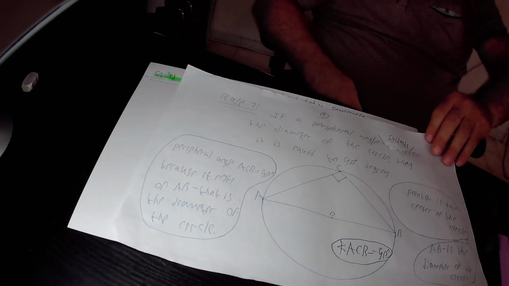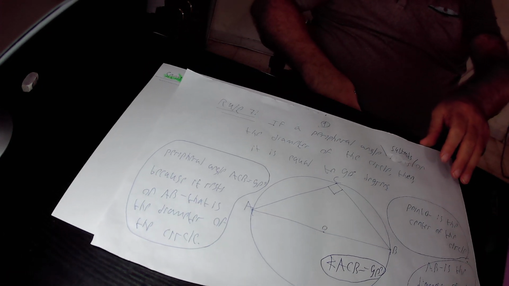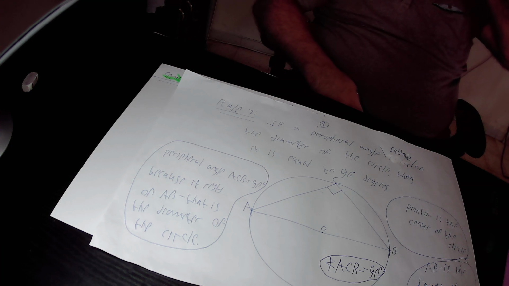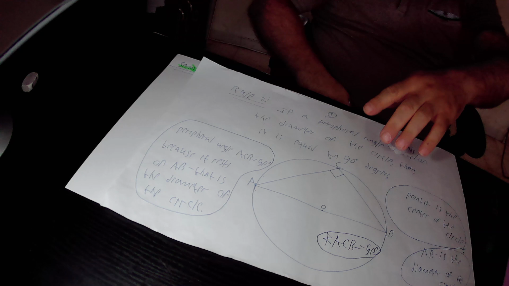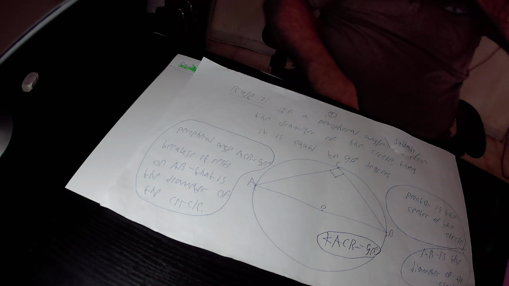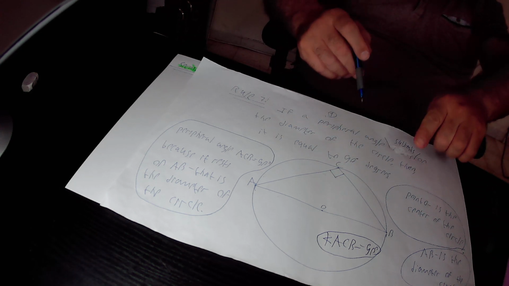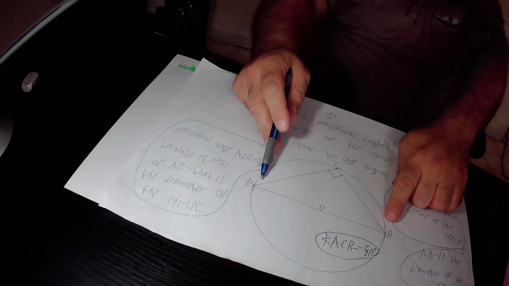According to rule 7, if a peripheral angle subtends the diameter of the circle, then it is equal to 90 degrees. So in the drawing we have a circle. Line segment AB is the diameter of this circle.